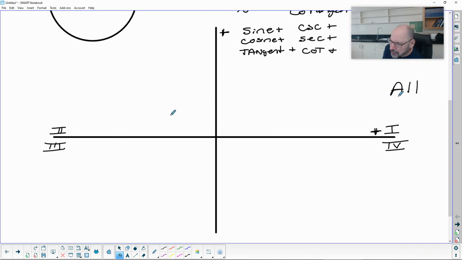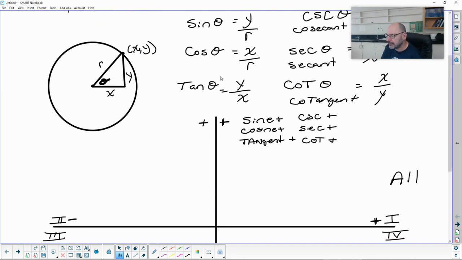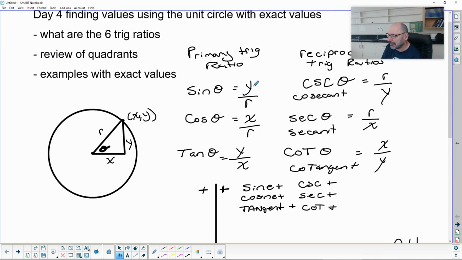Now when we move into the second quadrant, y is still positive because it's going up, but x is now negative. So now when we look at our formulas, if I just slide back up to the top here, anything that has an x in it will become negative.